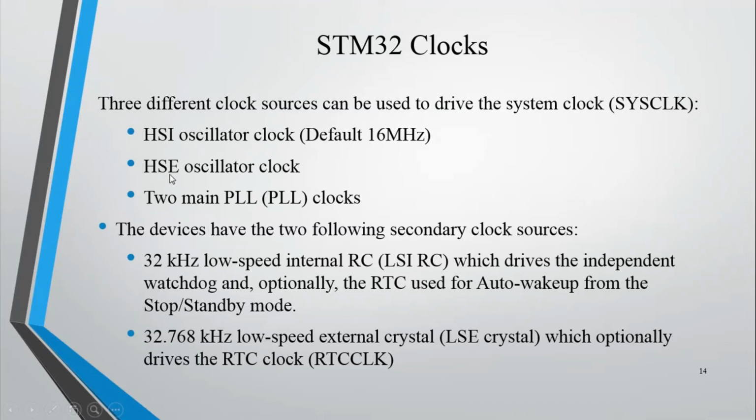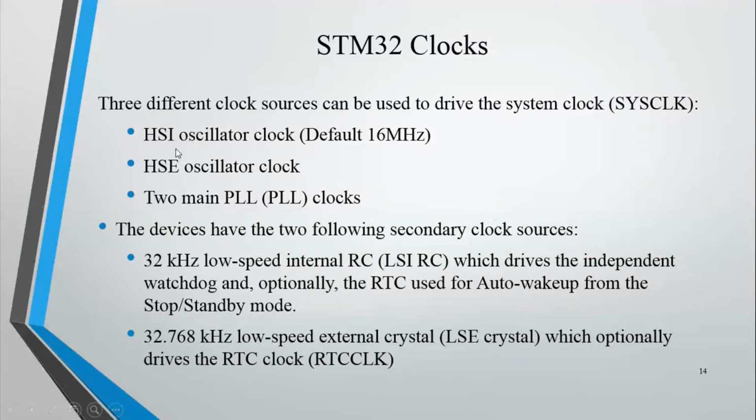You need to have an external component attached to the controller. But if you are using HSI as a clock source, since it is high speed internal oscillator, you don't need to connect an external oscillator. It will be generated internally. That is the advantage. But coming to accuracy, HSE is more accurate. For time being, you are using HSI.